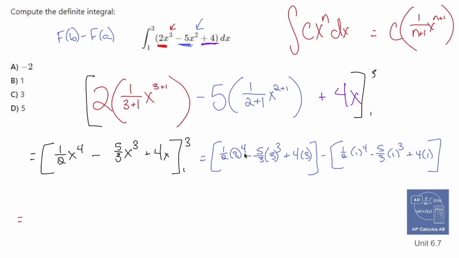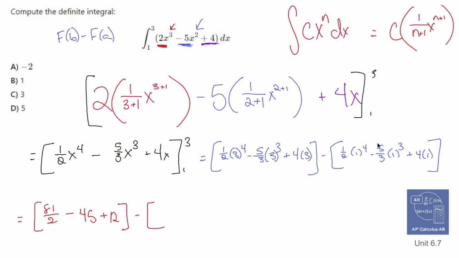Okay? And just some gross math. 3 to the 4th is 81. 81 over 2 is just 81 over 2. Minus, that's going to be 27. So negative 5/3 times 27 is the same thing as negative 5 times 9. So negative 45. I don't know why that took me so long. And then plus 12, I can handle that.